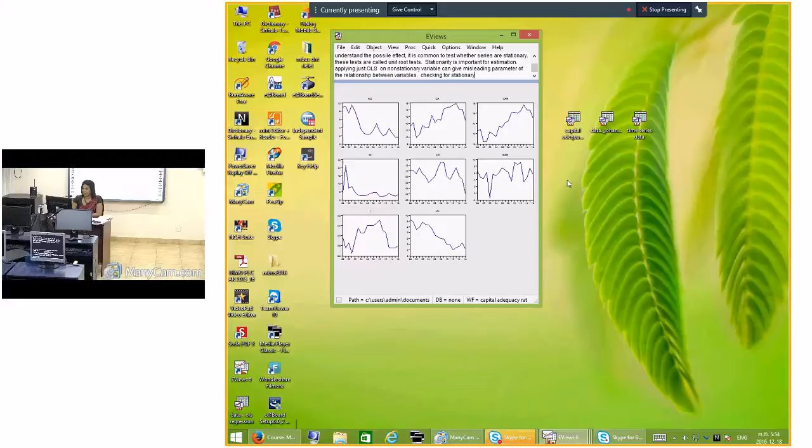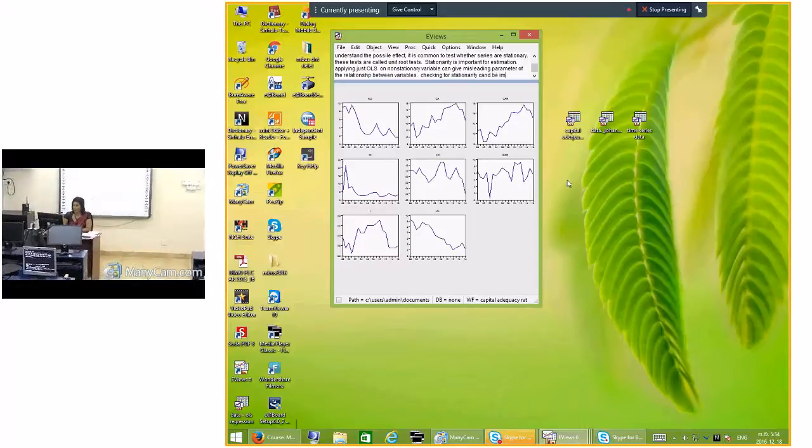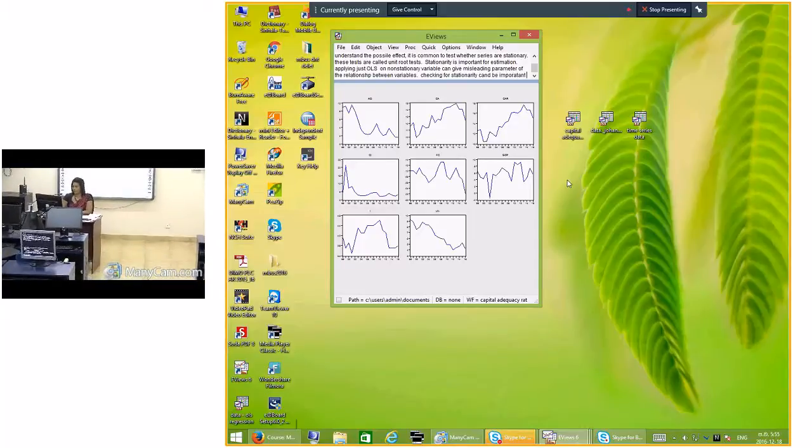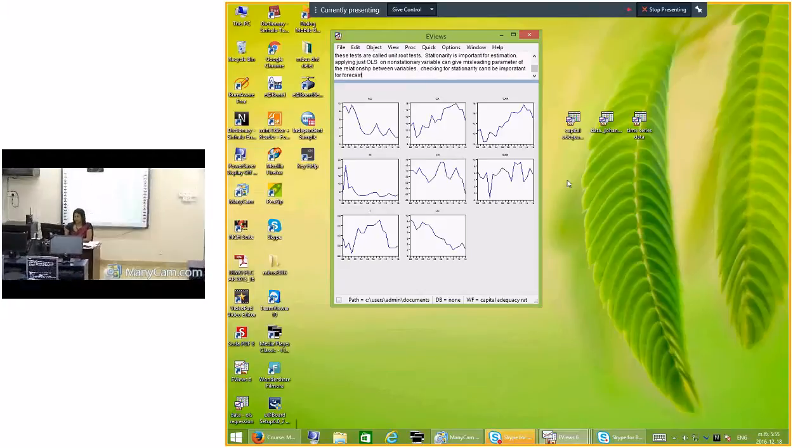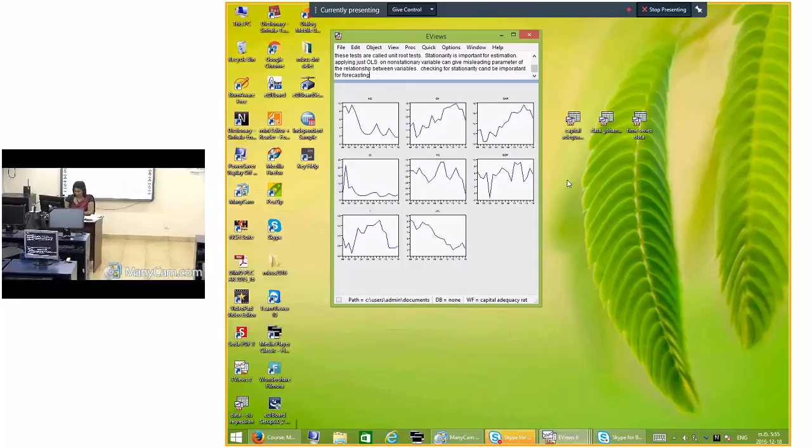Stationarity can be important for forecasting. Right, so now what we need to do is take the first difference and then check.